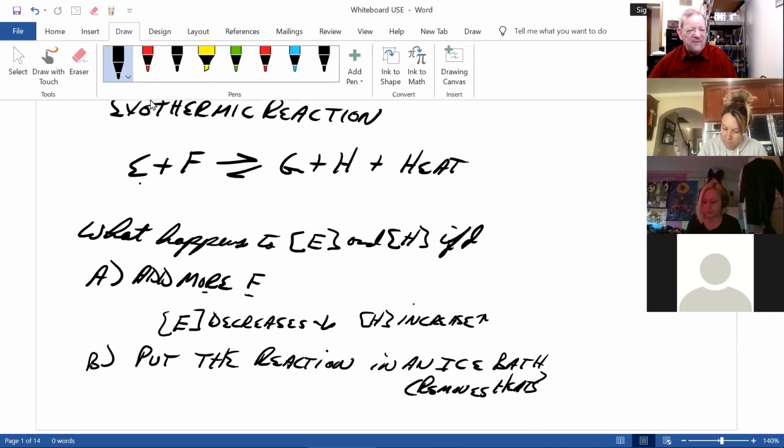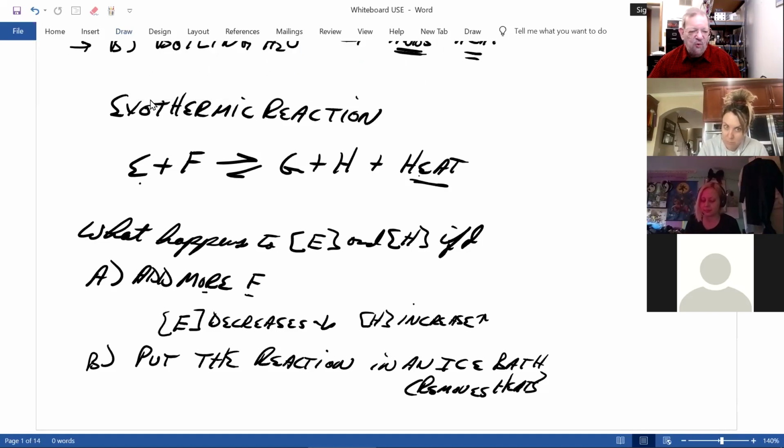And now the equilibrium says, oh no, we don't have enough heat. We've got to make more heat because someone removed some of our heat. Bad person. But anyways, how can it make more heat? Only one way. E and F react to make more G, H, and heat.